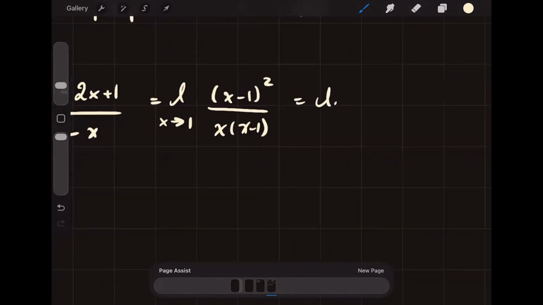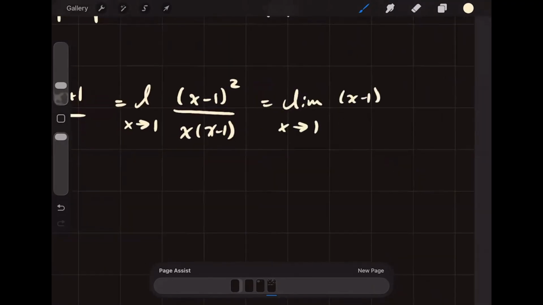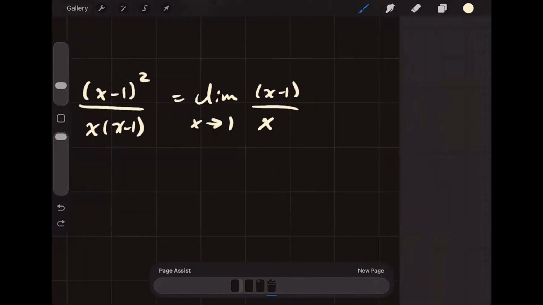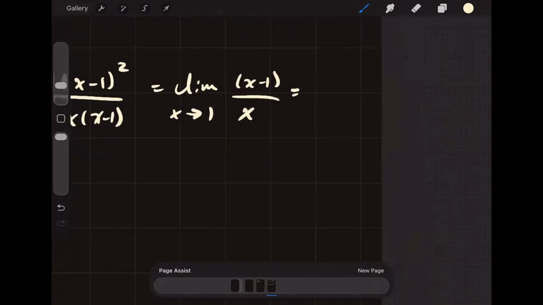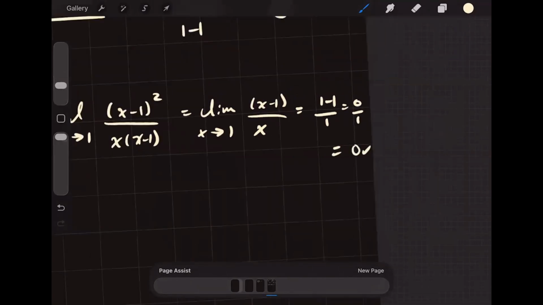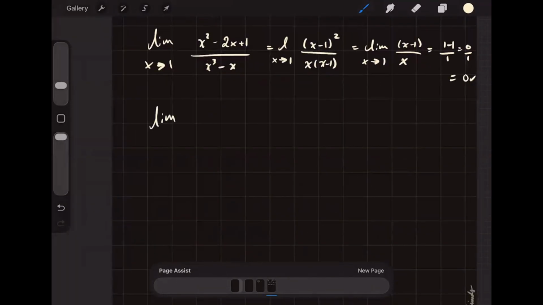That equals the limit as x approaches 1 of x minus 1 over x, because there's one of these up here and one down here. Let's see if we can plug it in. Yes, we can. That gives you 1 minus 1 over 1, which is 0 over 1, which is 0. So the limit as x approaches 1 of x squared minus 2x plus 1 all over x cubed minus x is equal to 0.